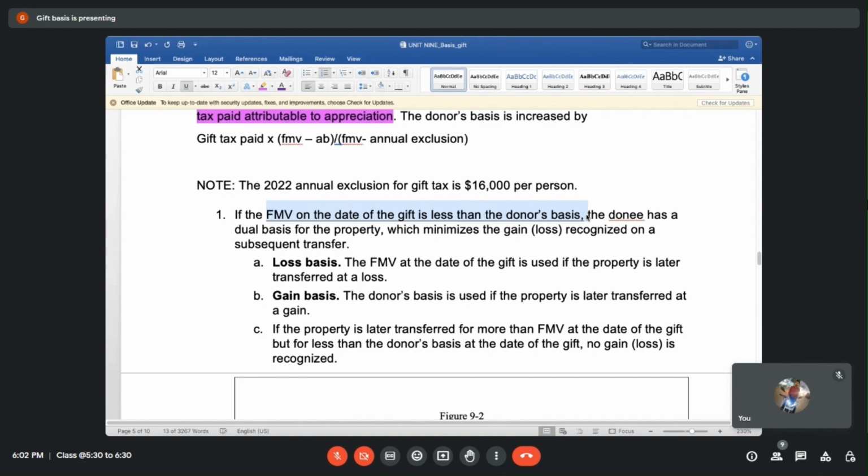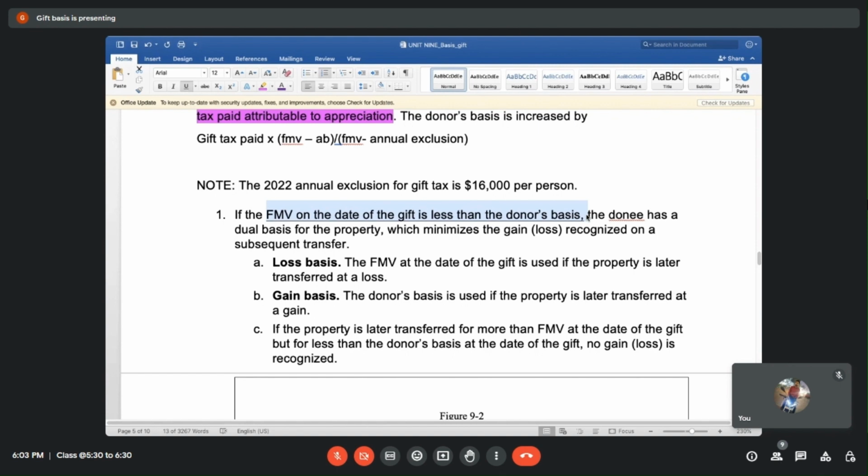What if the fair market value is lower? That may also happen. People buy a lot of stock, say they bought it for $10,000, the stocks just plunged, and then there's not much value left, the stock market crashed or whatever, so maybe they got reduced to $2,000 or $3,000. In that case, if the person says, well, okay, I don't want to keep it, maybe I'll just give it as a gift to somebody. So where the fair market value is lower than the basis, what happens?